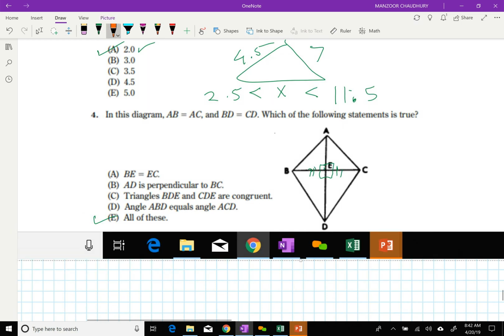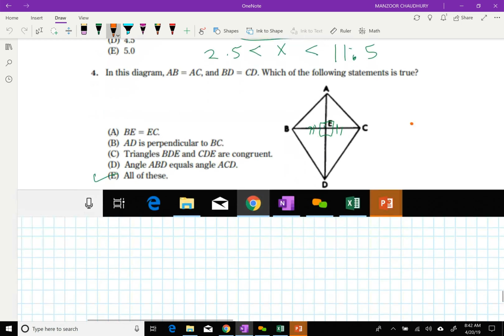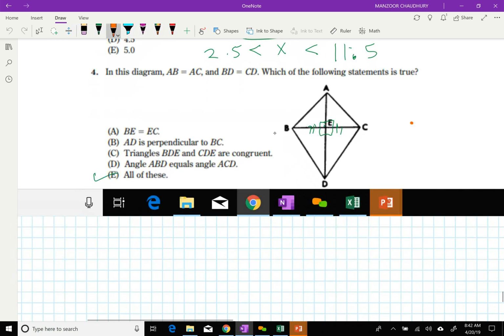Why are those right triangles, just because of the information they said? Yeah, basically with a kite, BC bisects, but AD does not. So you can say that these two sides are equal, and these are 90 degrees, and this is the same.